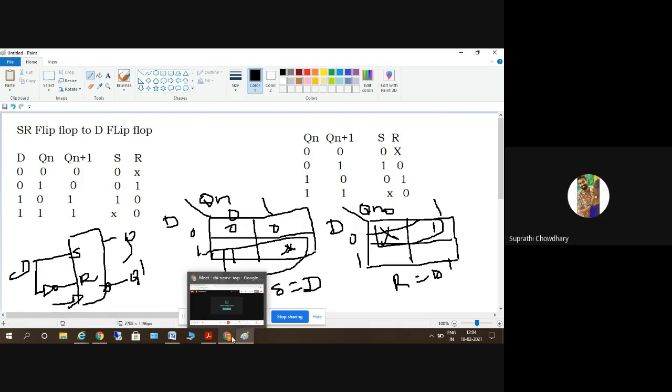Yes, sir. So I've taken the diagram. So next, we'll go for SR to JK flip flop.